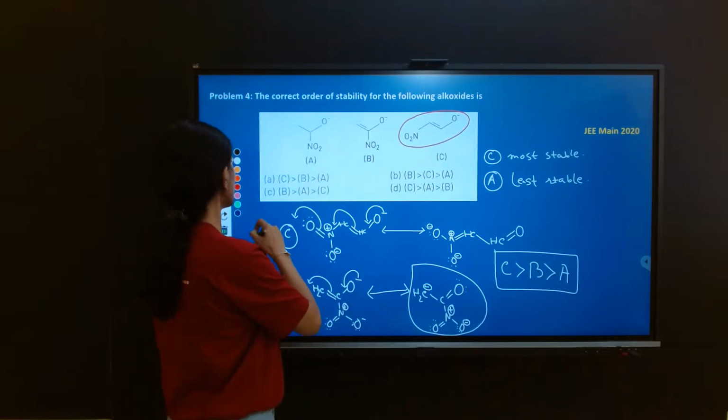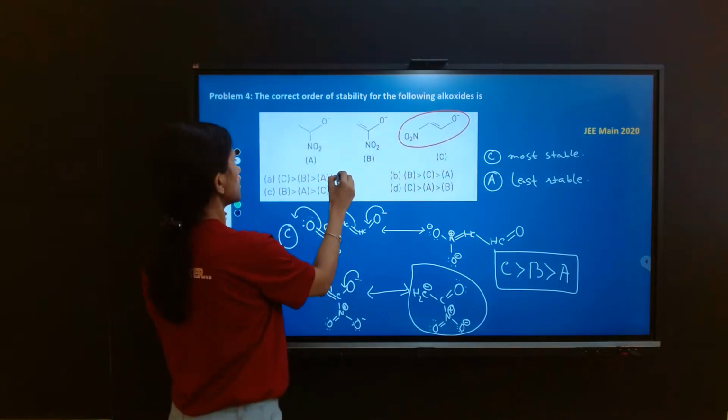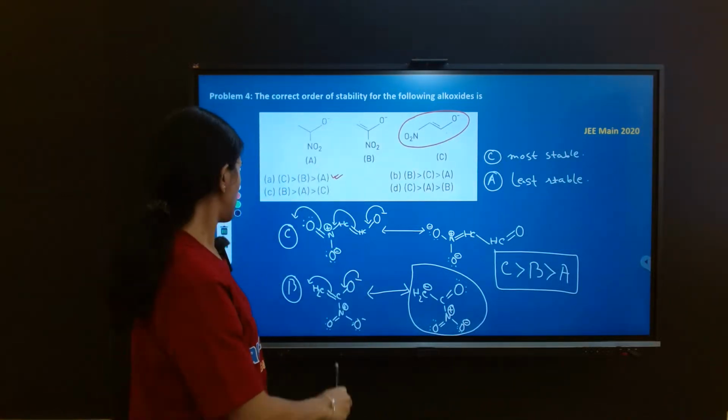So if you check the options, you can see that option A is the correct option.